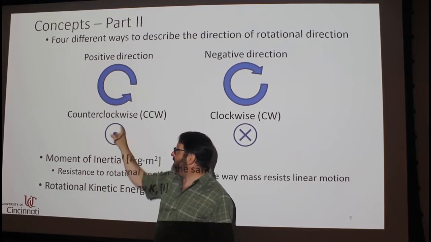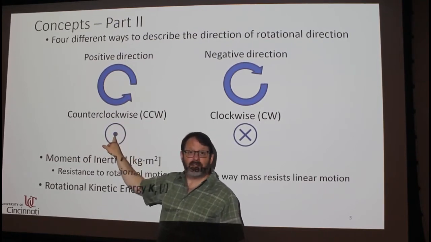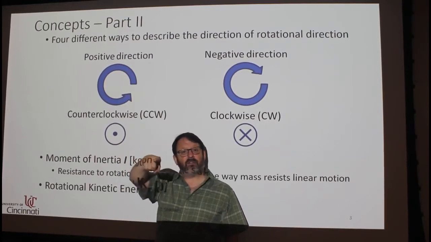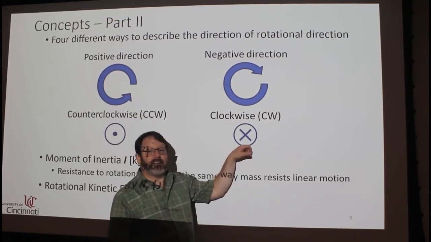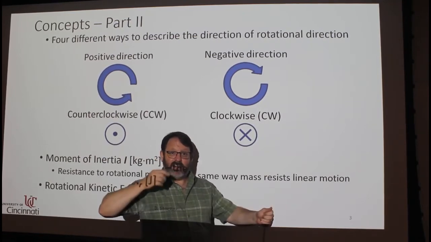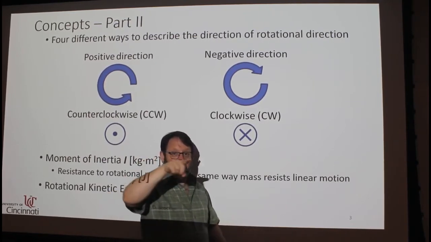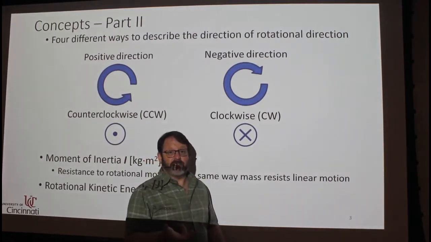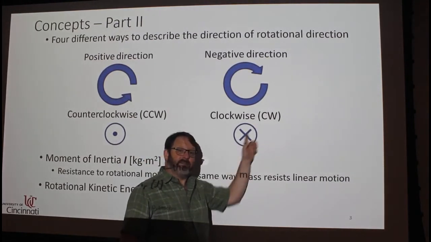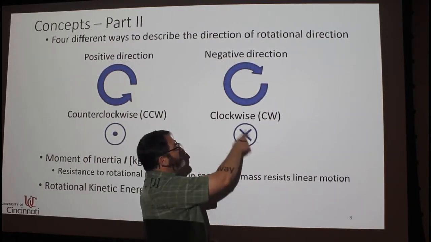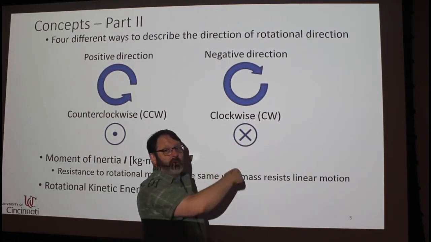This is the shaft of the arrow, you can see the point sticking out at you. So this is an arrow drawn pointing out of the board. This is an arrow drawn pointing into the board. Because if you were doing archery and you turned the arrow to face the other direction, you would see the feathers on the back of the arrow. This X is supposed to look like feathers on the back of an arrow. So this is an arrow pointing into the board.